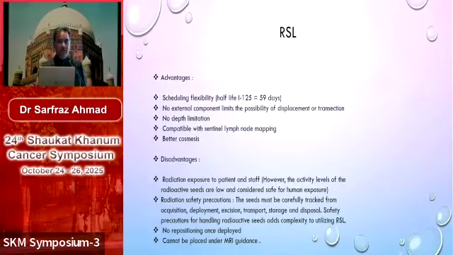Dr. Humayun here knows that with radioactive material in UK, we have very strict radiation exposure regulations and safety precautions. So that's why this is not used in many trusts in UK.